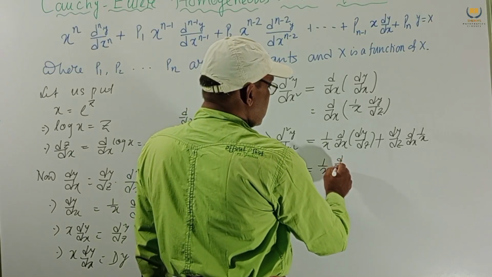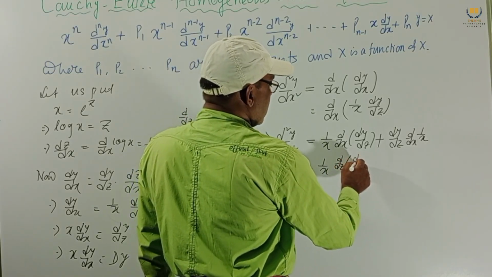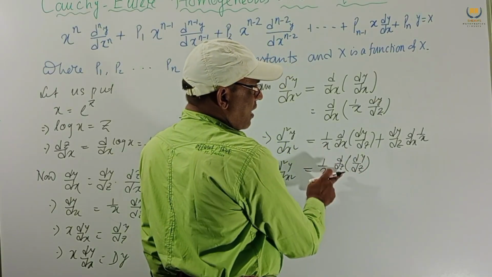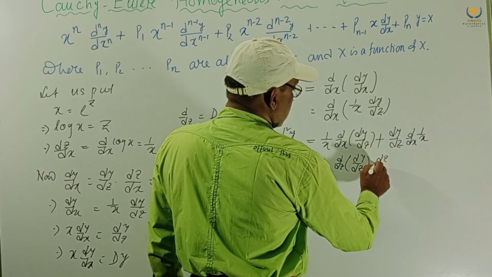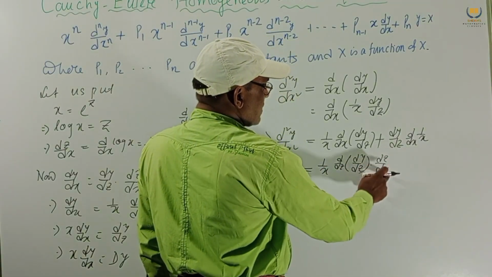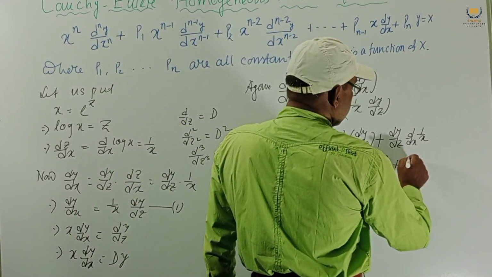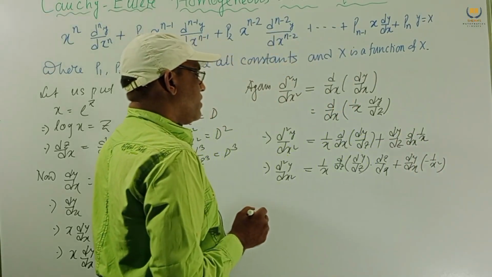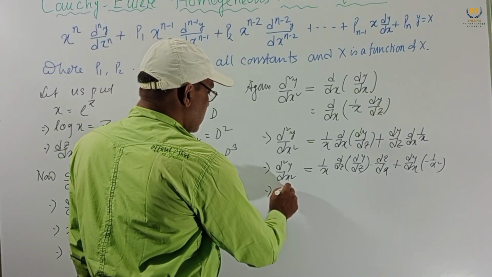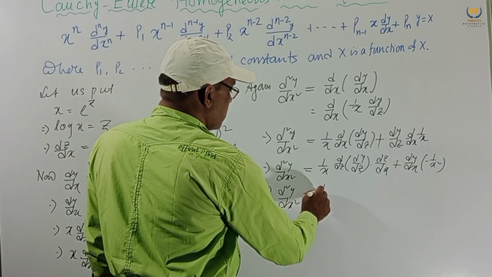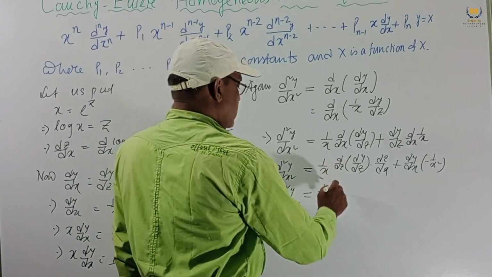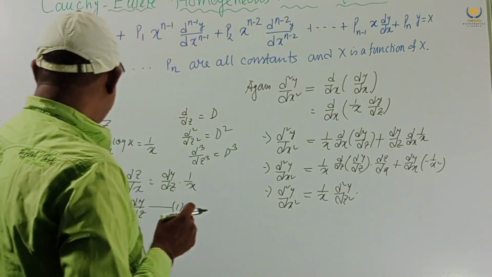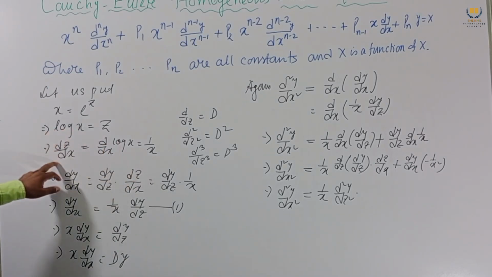And this implies d^2y/dx^2 equals 1 by x times d/dz of dy/dz. Actually here I have written dx where I should write dz. So we write dz here, and this dz cancels with d/dx, and we write dz/dx. And d/dx of 1 by x means minus 1 by x^2. So d^2y/dx^2 equals 1 by x times d^2y/dz^2 times dz/dx, and dz/dx means 1 by x.